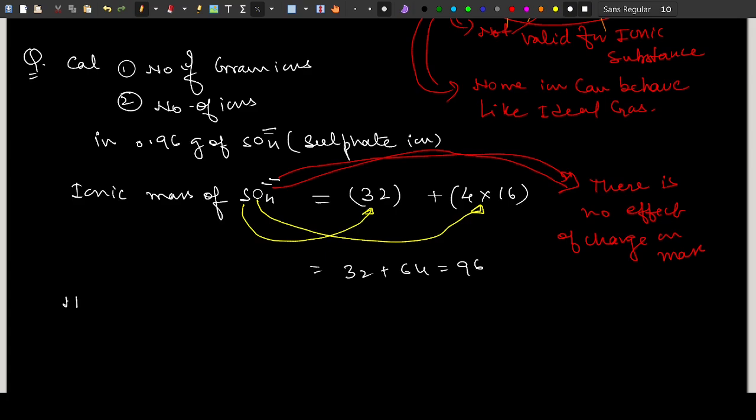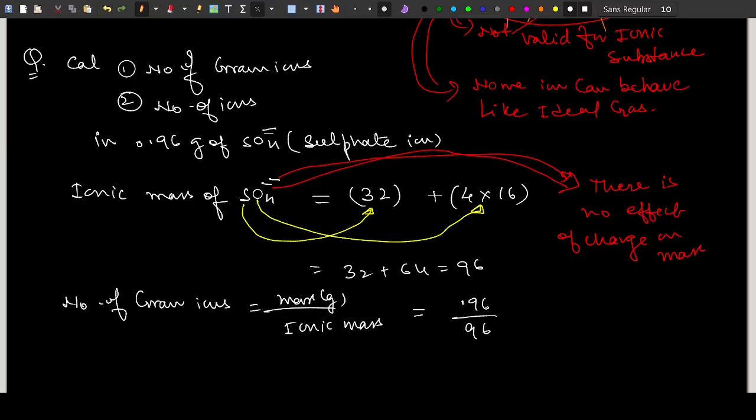We know number of gram ions is equal to mass in gram upon ionic mass. Mass in gram is 0.96 upon ionic mass 96. It is 10 to the power minus 2. After this, we also have to calculate the number of ions.